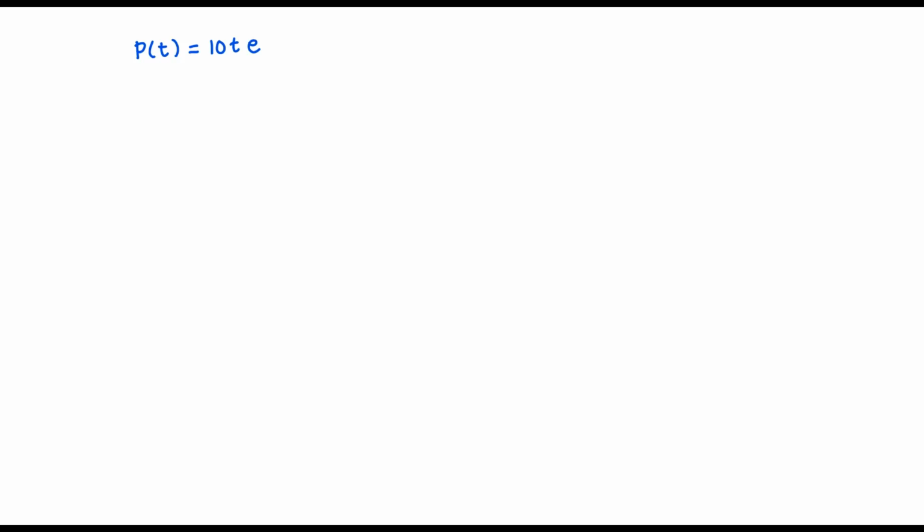So p of t is equal to 10te to the negative t over 8. So we will evaluate this function at t equals 8. That is 10 times 8 e to the negative 8 over 8, and that is just equal to 80e to the negative 1.